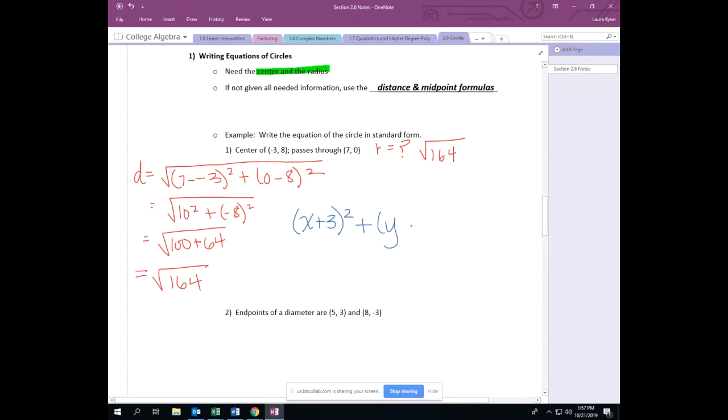We don't use positive 8, we use negative 8 squared, opposite sign, equals the radius, which in this case is root 164, squared. Now, this thing over here on this side, we're not going to leave like that. This is fine. Don't do anything with these two parentheses. They're supposed to look like that. X plus 3 squared plus y minus 8 squared equals the square root of 164 squared. Well, the square root and the square cancel each other out, so it's just 164. And this is your equation for your circle.